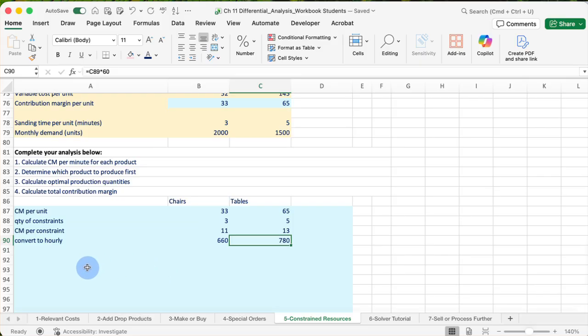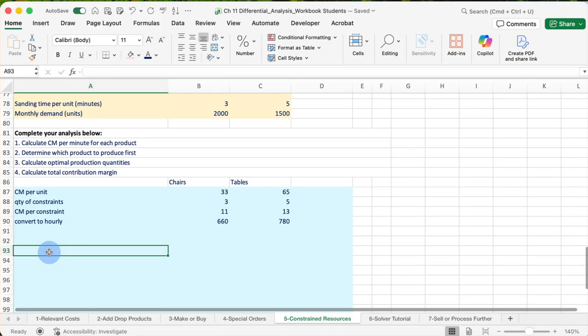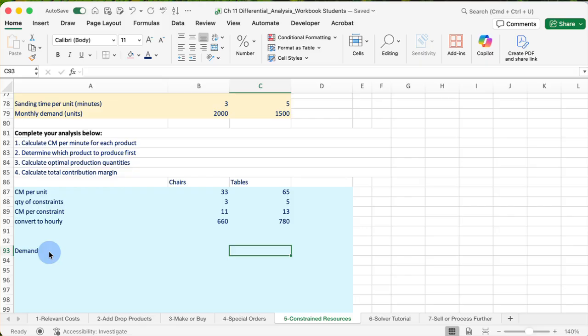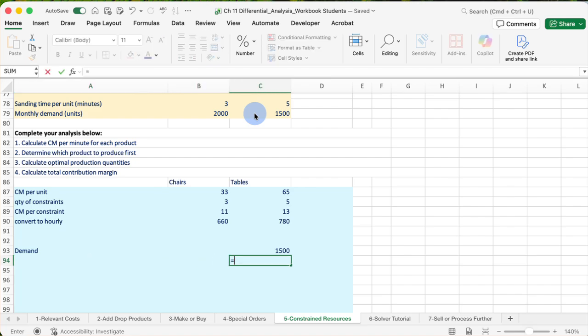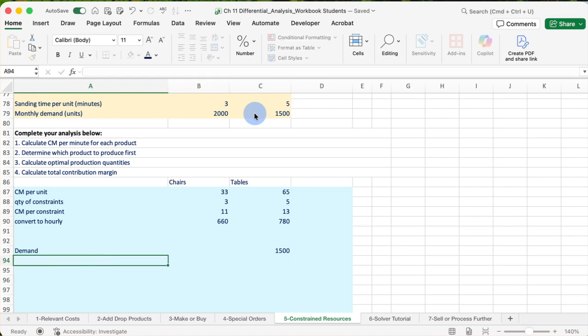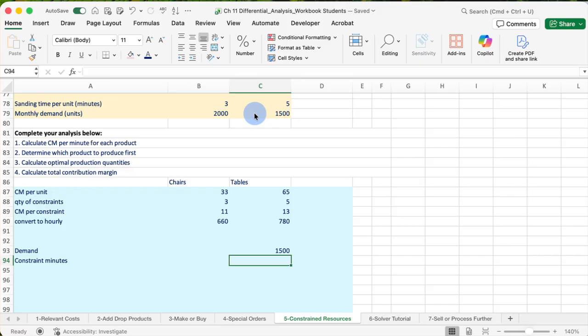So down here, we'll say demand for the tables was 1,500 units. And we know that it's going to take us 5 minutes. So 1,500 times the 5 minutes per table.